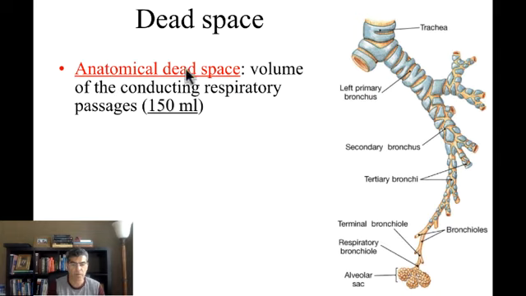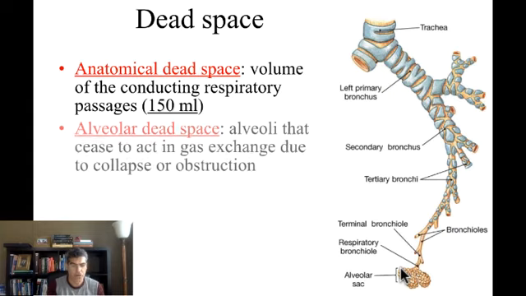We call it anatomical dead space because anatomically this area is not able to exchange air. Some alveoli don't have a good blood supply surrounding them. So although air is going to come inside the alveoli, if you don't have a good supply of blood surrounding the alveolus, air is not going to get exchanged. That is also useless. We call that one a functional or alveolar dead space.